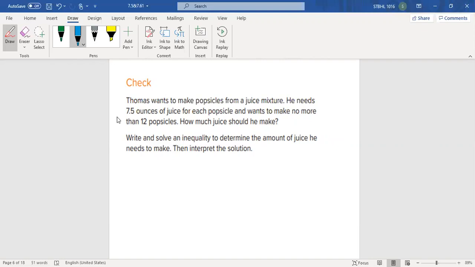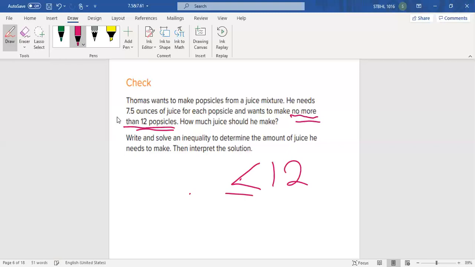He wants to make no more than 12 popsicles. No more, that means less than or equal to 12 popsicles.